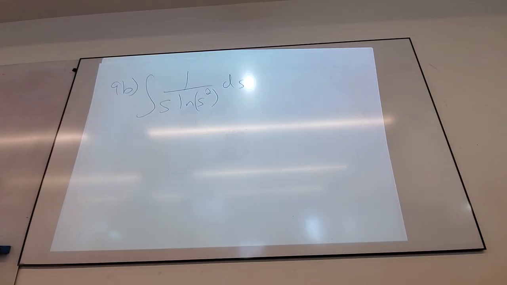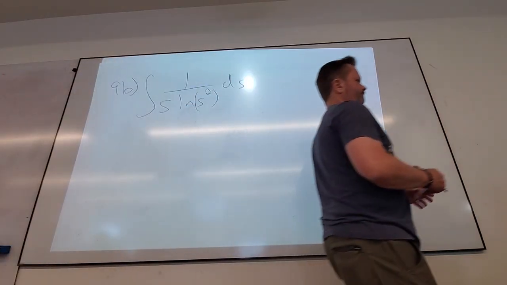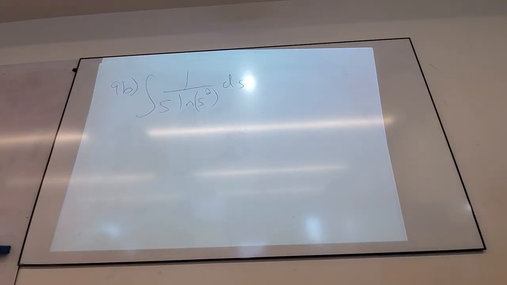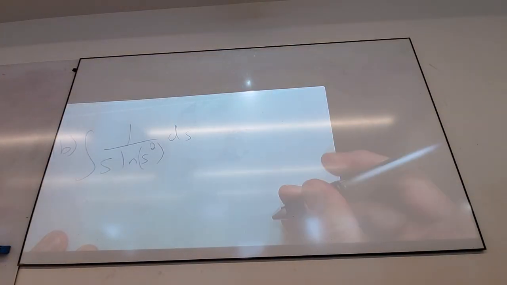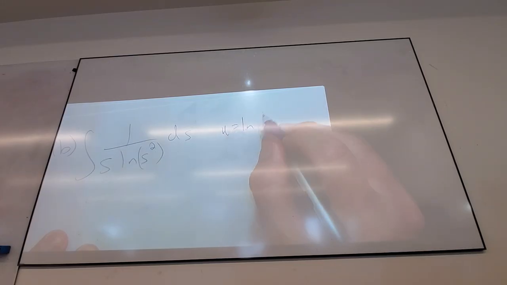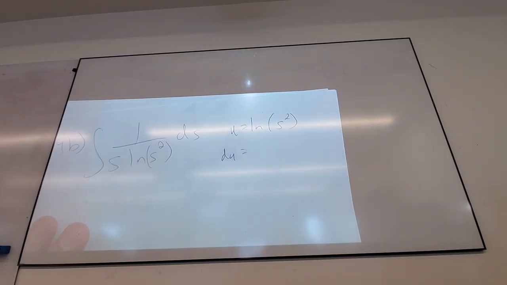And again, not just ln, but it's ln of s squared. So du is 2 over s. Of course, what rule do they have to use?